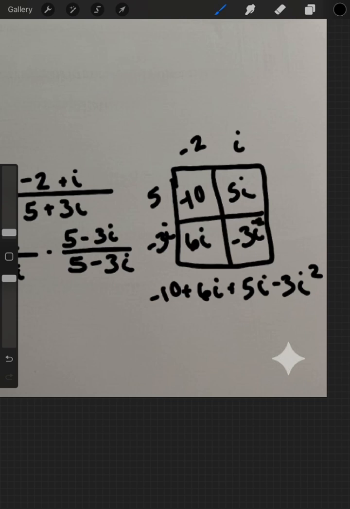Negative 3i squared. i squared turns into a negative 1. So what I'm going to do is multiply negative 3 times negative 1, which gives me plus 3.